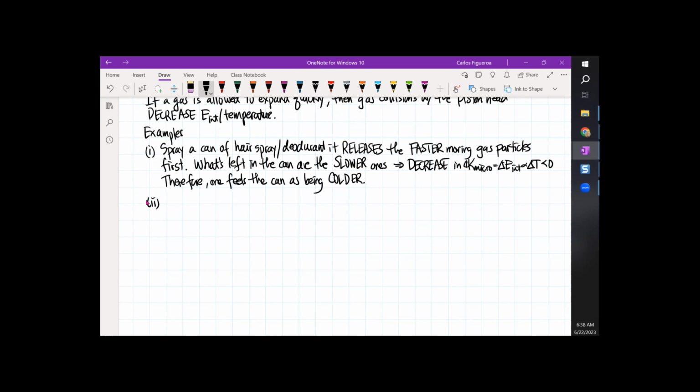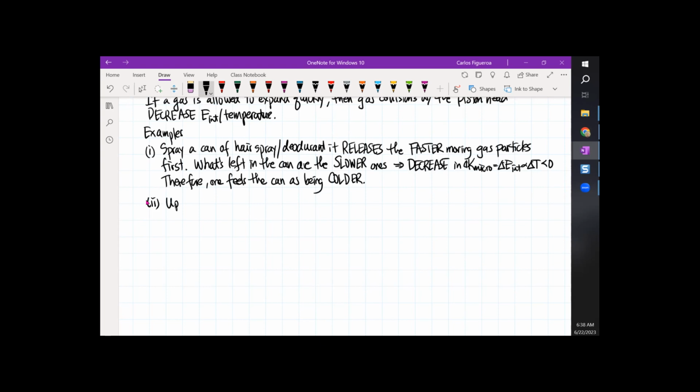Imagine that you have either a bottle of beer or a bottle of soda, and it's been in the refrigerator. And when you look at the neck of the bottle, it's clear. That's super important that you look at that. The air, water vapor in the neck of the bottle is clear.